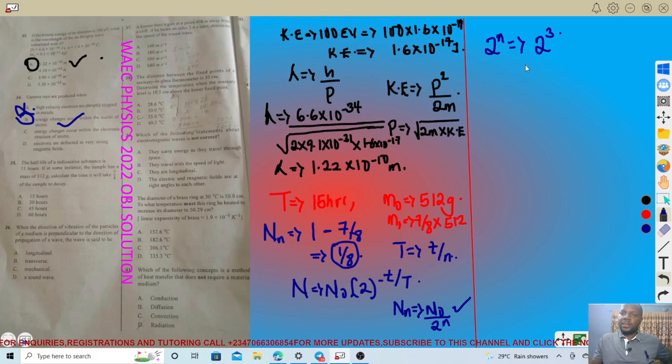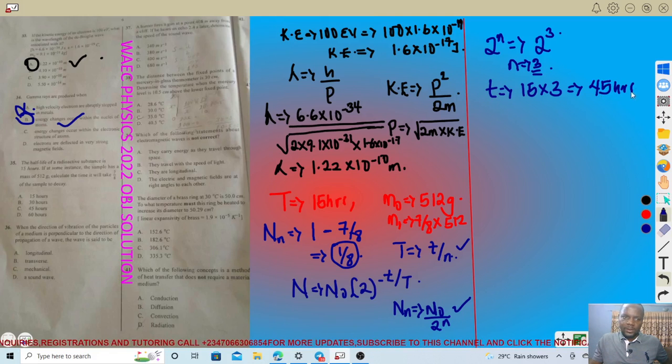So equating the power, n is equal to 3. Now I can come back to the formula: capital T is 15, and I'm looking for small t. So small t equals 15 times 3, which is 45 hours. And option C is valid for this question.